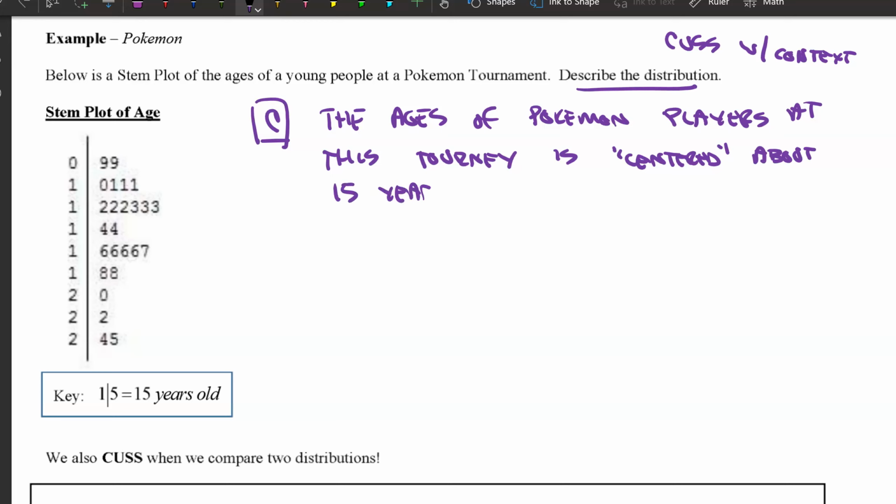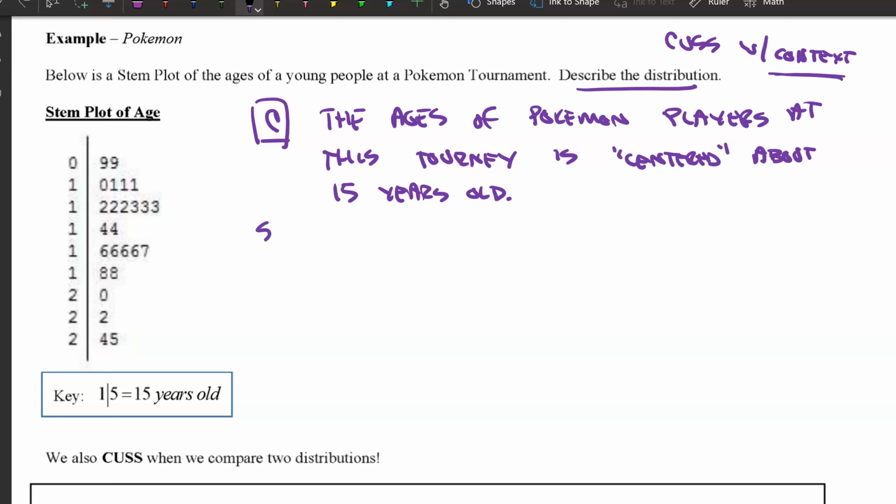This is a very informal kind of thing. Don't say the average, don't say the median. We're going to learn those things later, and eventually we will, but for right now we're just going to kind of say in general. Instead of saying the data is centered about 15, that would not have context and you would lose points on the AP test.